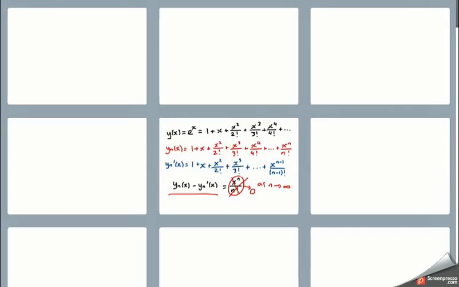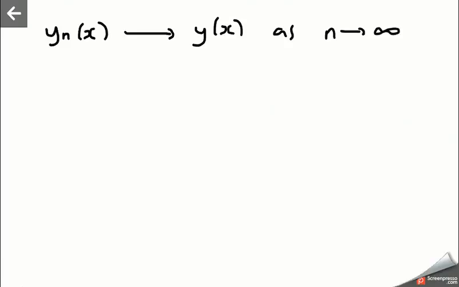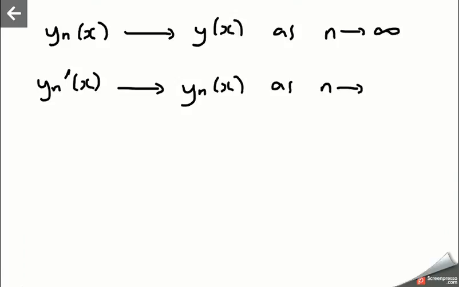So let's write down what we have. yn of x gets closer and closer to y of x as n tends to infinity, and yn prime of x gets closer and closer to yn of x as n tends to infinity.